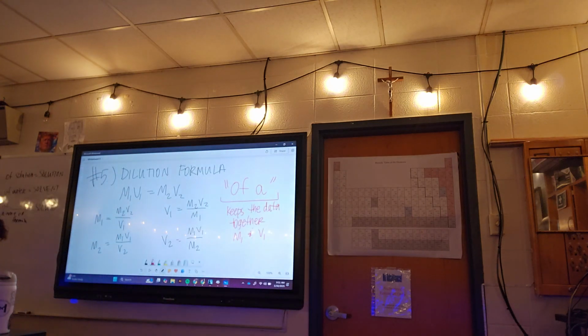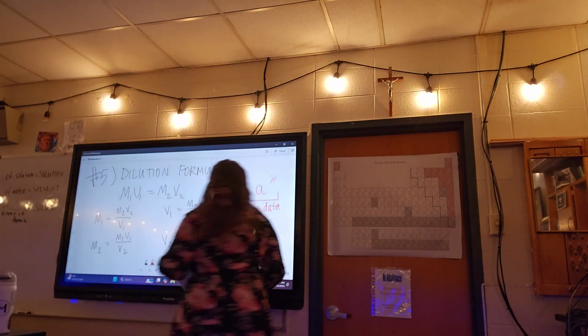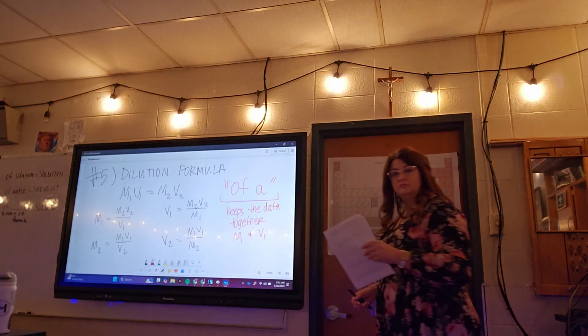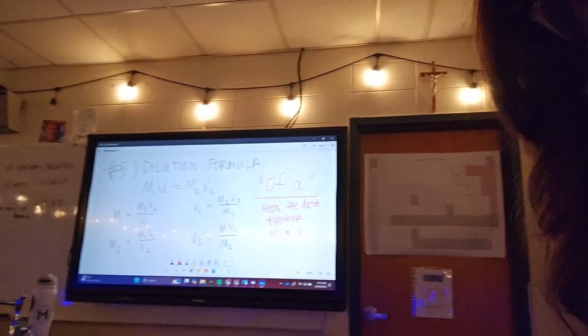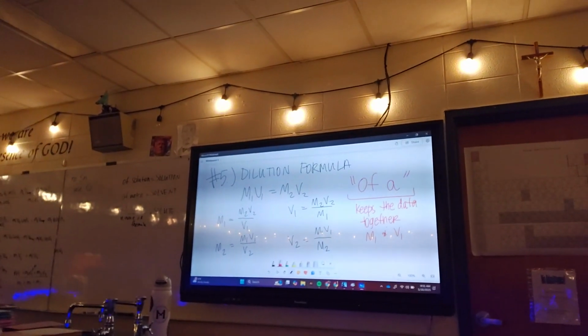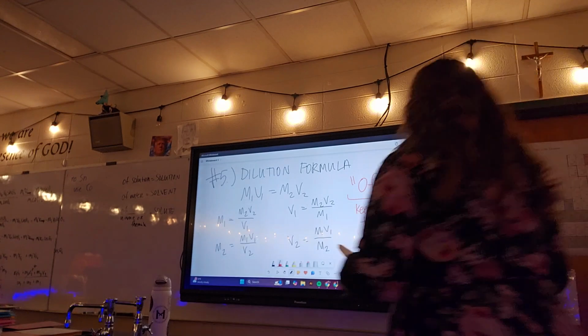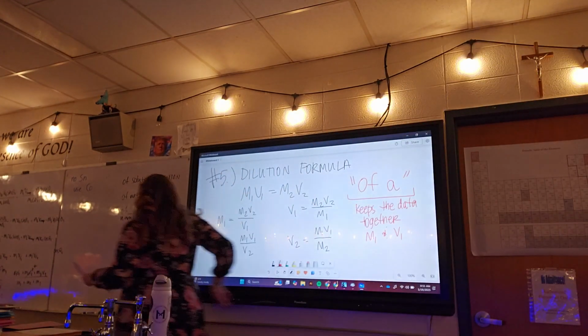Okay, so let's do an example of this from your homework. Let's do number 10. I'm going to leave this here in case you're still copying it, and I'm going to do number 10 on the board.